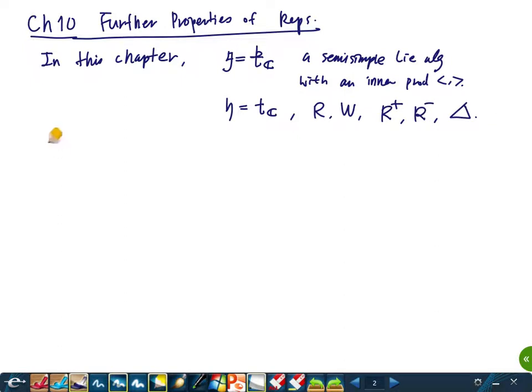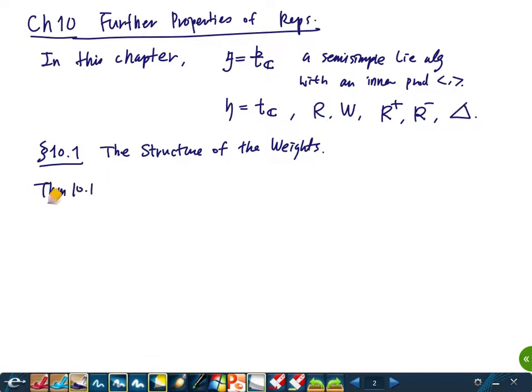For the first three sections, I'm going to be very brief and just tell you the result. In each section, we have basically one theorem: the structure of the weights. Theorem 10.1. Suppose that we have a finite dimensional irreducible representation of G with highest weight mu.